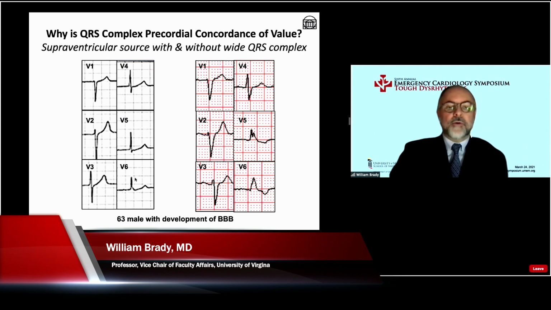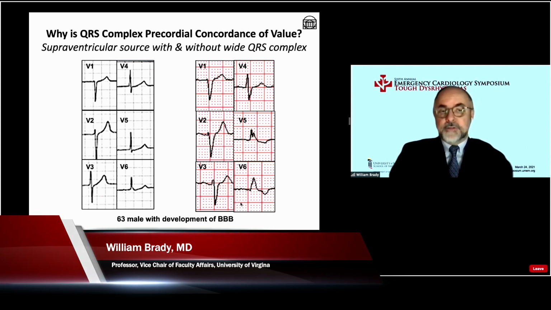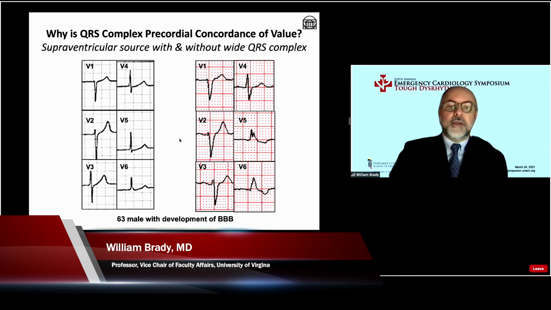When the patient has developed this left bundle branch block pattern while still in sinus rhythm, we see pretty much the same progression of QRS complex from mostly negative to mostly positive when we go to V1 to V6. And the only difference here, of course, is the QRS complex, which is wider. So this really suggests, obviously, a supraventricular source of the rhythm focus when the patient's in sinus rhythm.